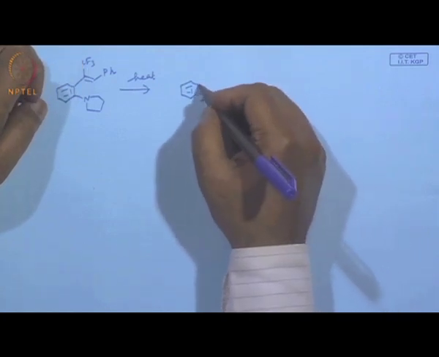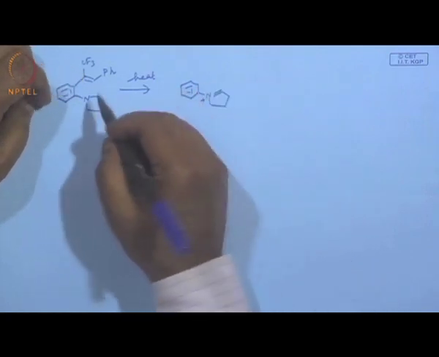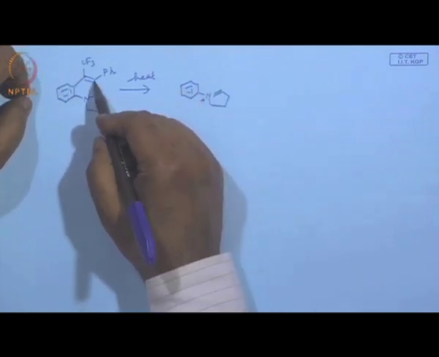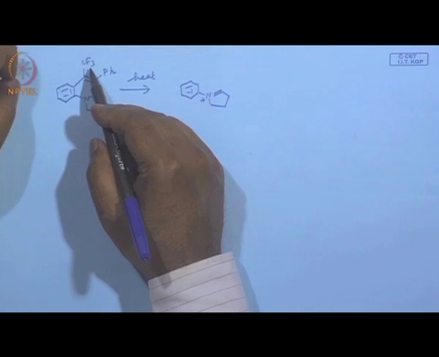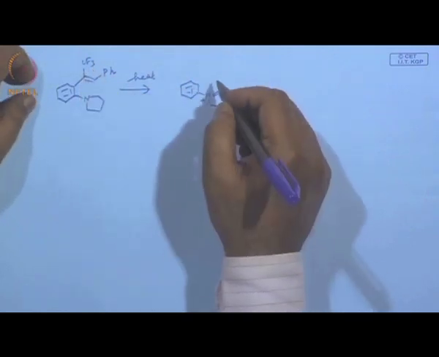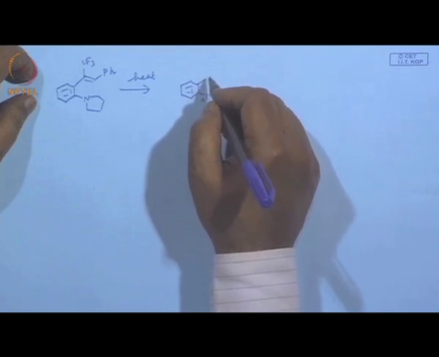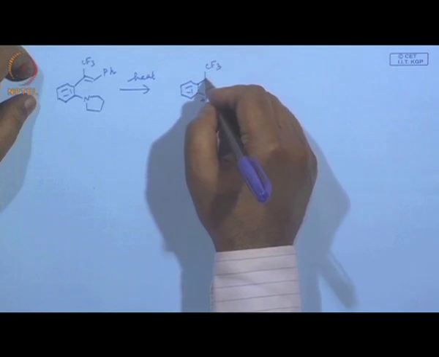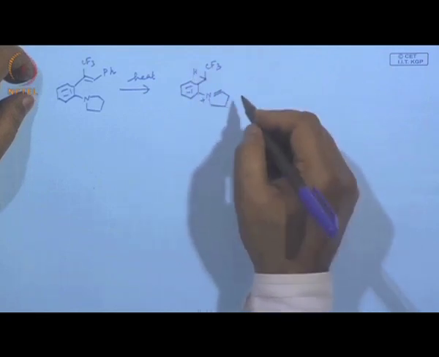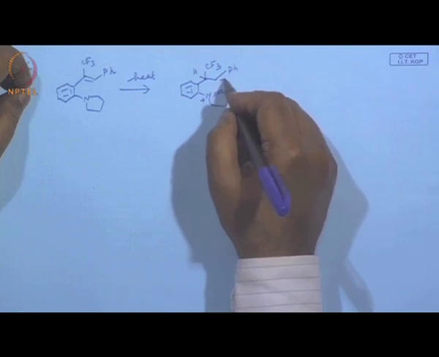But in this case, I mean the carbon attached to this phenyl group should be electron deficient, because CF3 is electron withdrawing, right. But the answer is a different one, and so in this case the hydride is added to the end of the trifluoromethyl group, and then phenyl gets the negative charge.